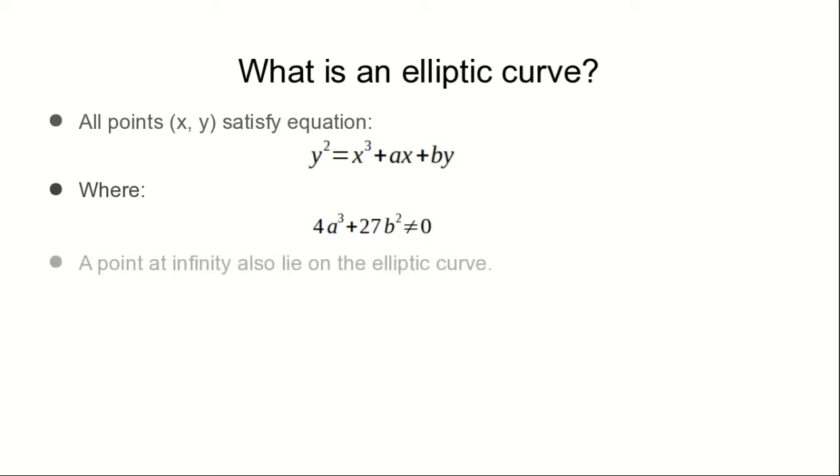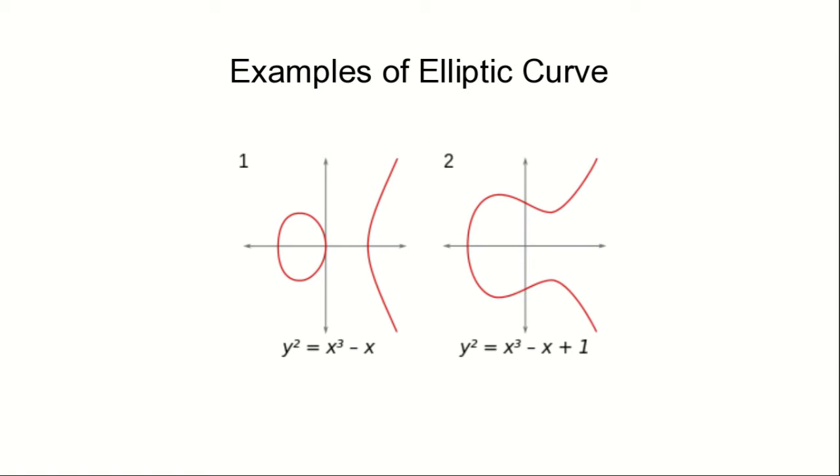And we have a special point, a point at infinity, also considered to be on the elliptic curve. You may ask, why does it have a point at infinity? I will answer this later on. Here are some examples of elliptic curves. We can easily see that they are symmetric across the axis.